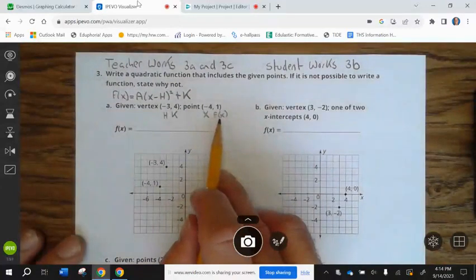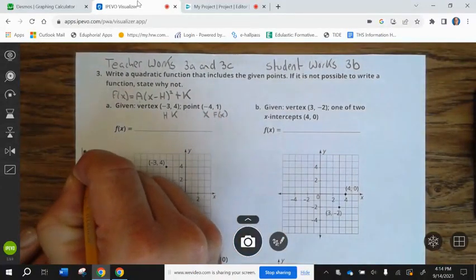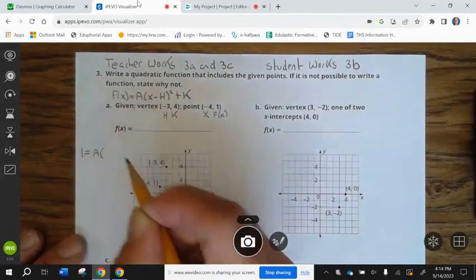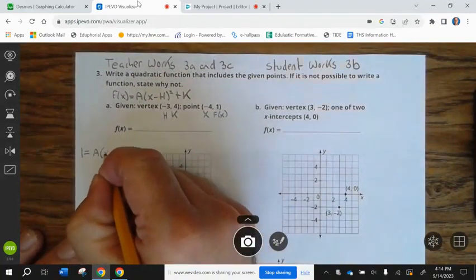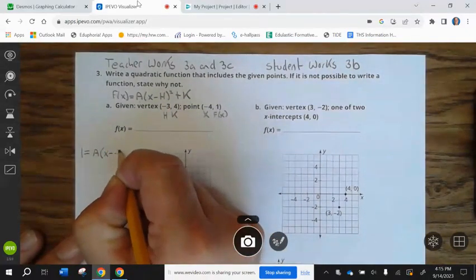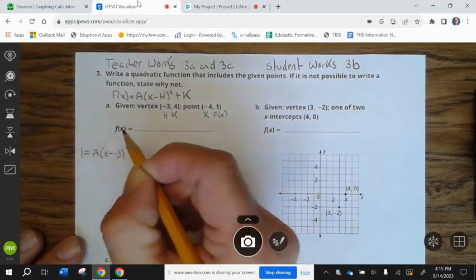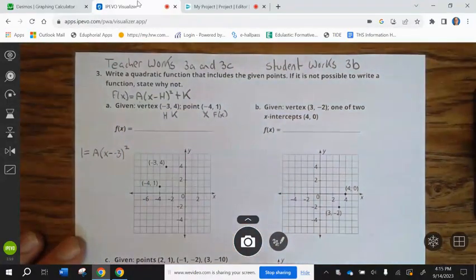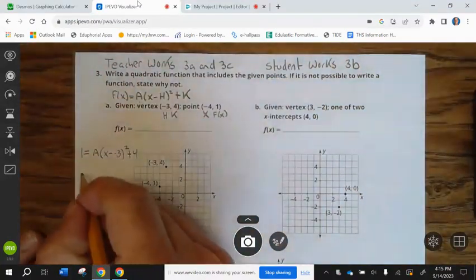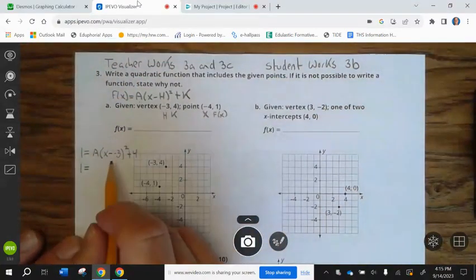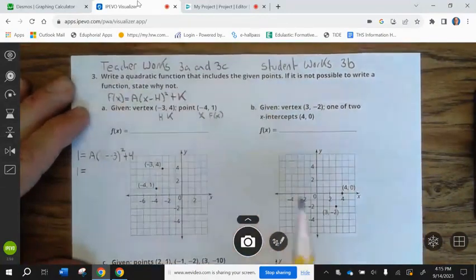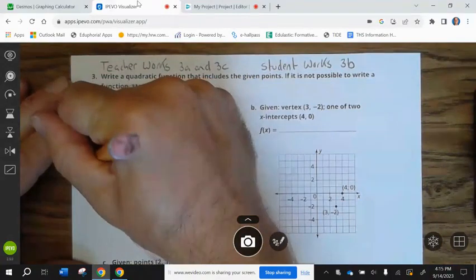So that's 1 equals a, parentheses x minus h, which is a -3, squared plus 4. So that's 1 equals, x is -4.